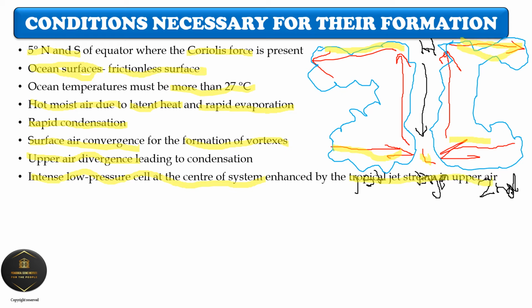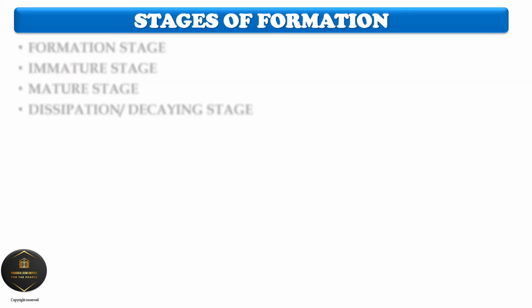Remember, your jet stream is basically a global wind that will move from high pressure to low pressure in the upper atmosphere. So they encourage the system to be fully developed as a result.